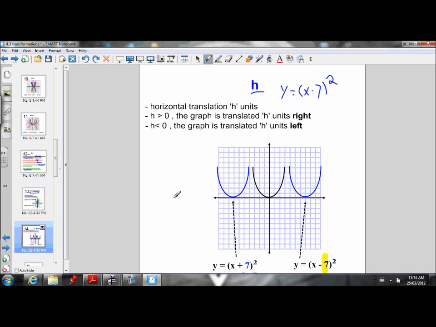Good. And if h is less than 0, as in this graph here, x plus 7 squared moves to the left 7.